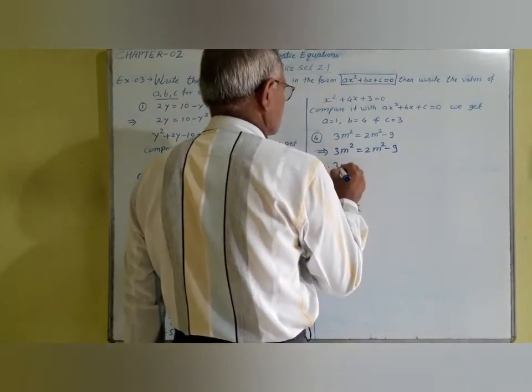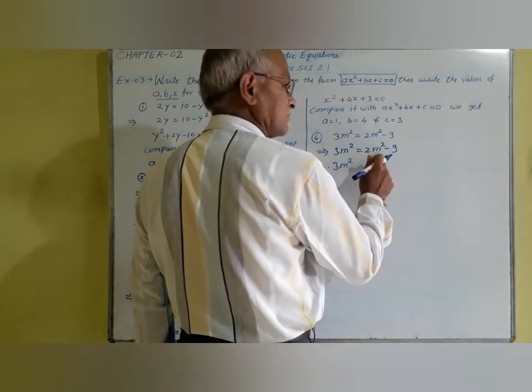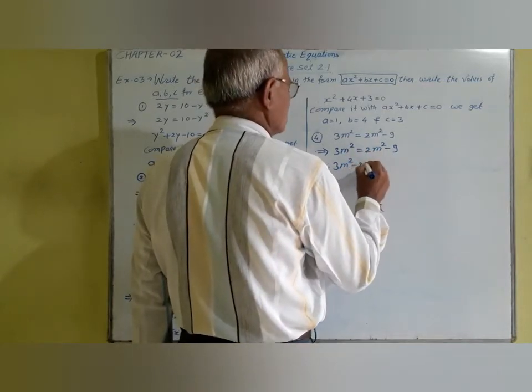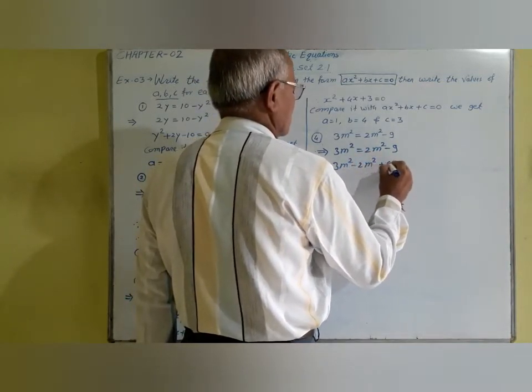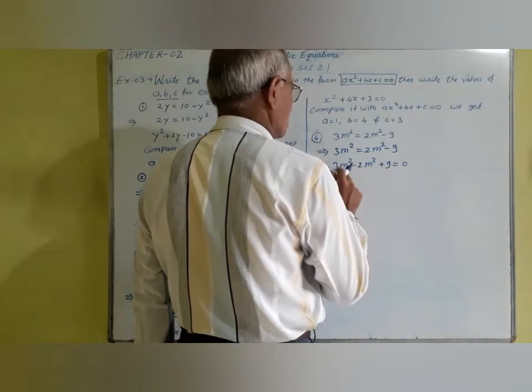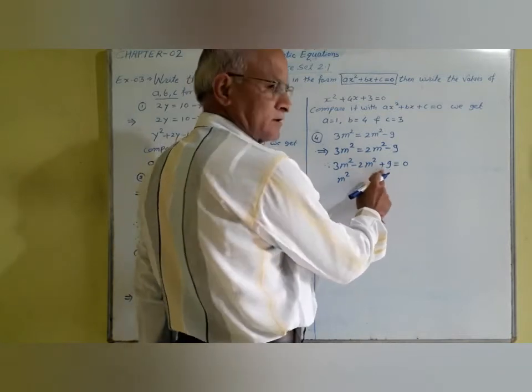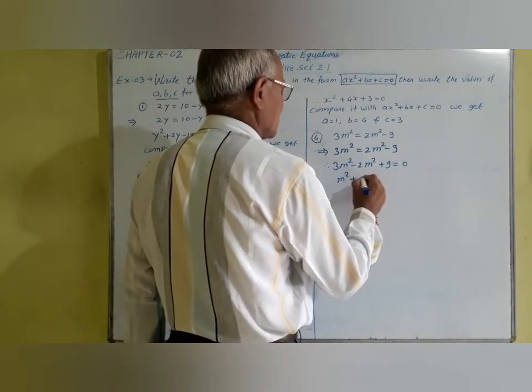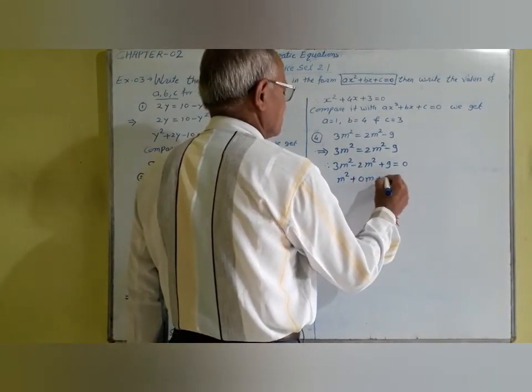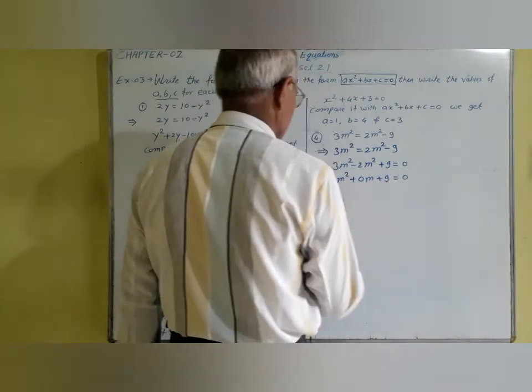Therefore, 3m square, this 2m square taken to the left side, it becomes minus 2m square plus 9 is equal to 0. 3m square minus 2m square is m square. There is no middle term, and therefore we write it as 0m plus 9 is equal to 0.